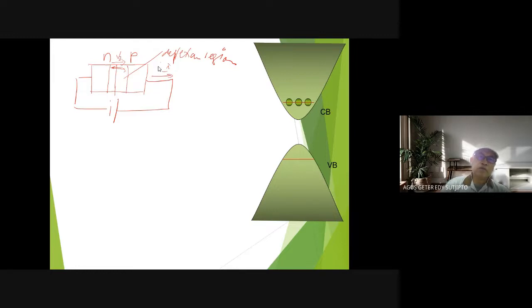So there will be injection current, injection of carriers, injection of electrons from the negative terminal to the positive terminal, through the diode to the PN junction.